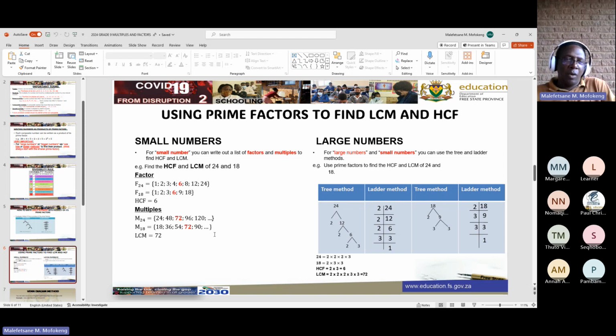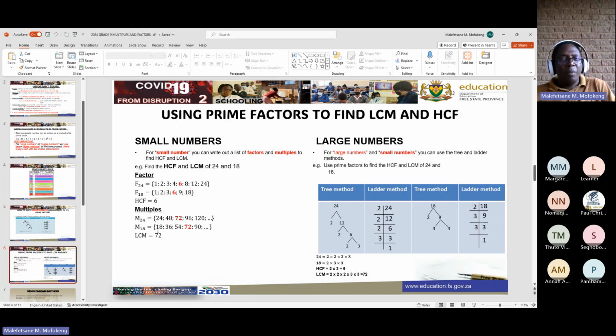Remember, I said earlier, to find the multiples, you multiply the number by a natural number. 1 multiplied by 24 is 24. 2 multiplied by 24 is 48. 3 multiplied by 24 is 72, and so on. The multiples of 18 are 18, 36, 54, 72, and 90.